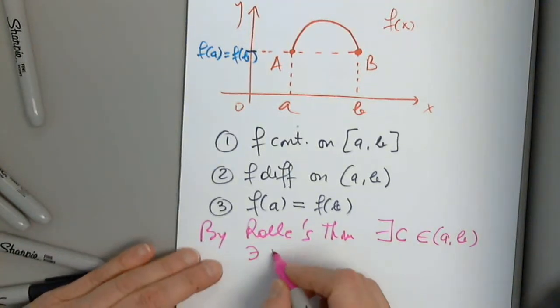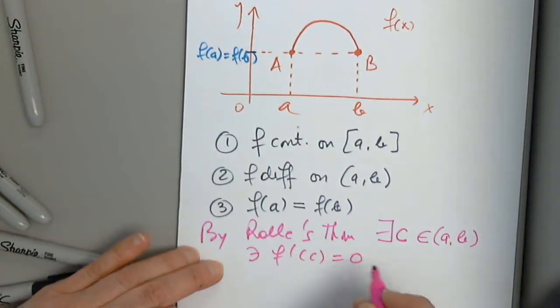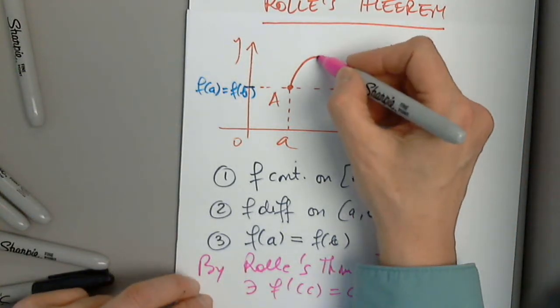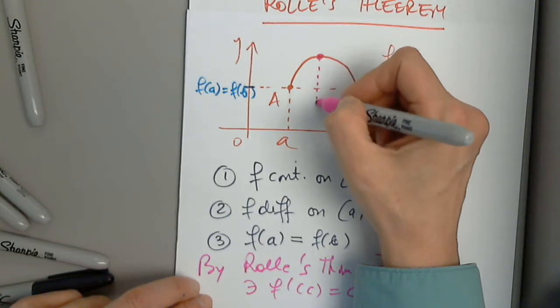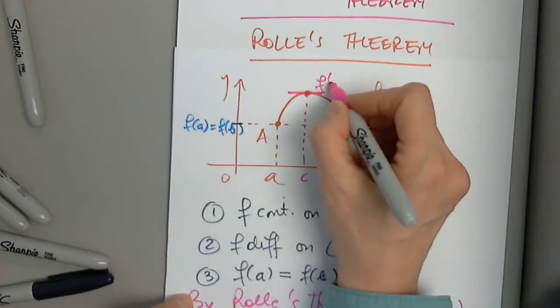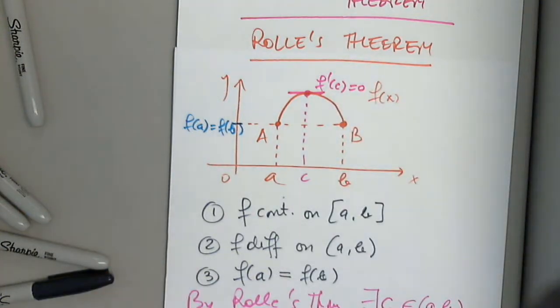Very good, awesome, f prime of c is 0. It must have a turn, at least a turn. So right here is c, where the derivative is 0.